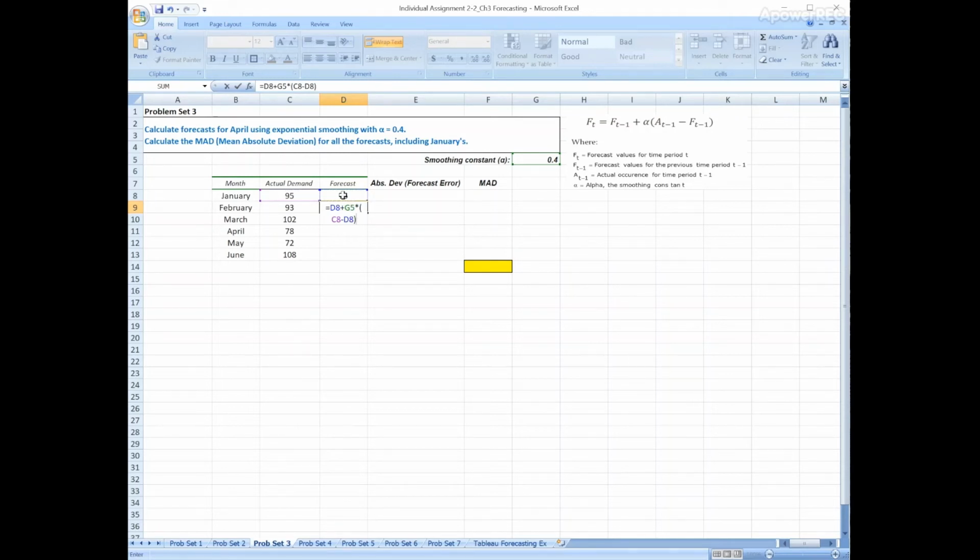We do the math, the error is 20 here. We get a forecast for February of 83, higher than the forecast for January since the actual demand was higher than expected in January. To continue, we can just drag it down after fixing the smoothing constant by adding the dollar sign in front of the column and row.